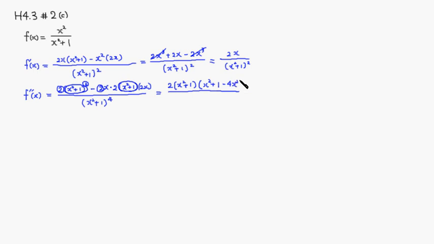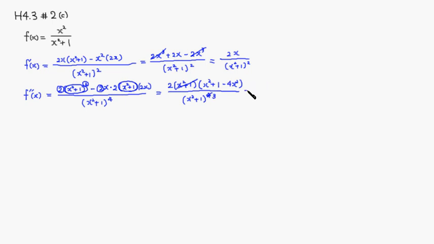On the bottom, you have x squared plus 1 to the fourth power. Then you can cancel one x squared plus 1, so it's going to be cubed.